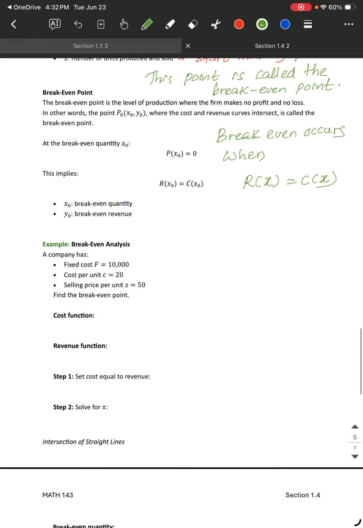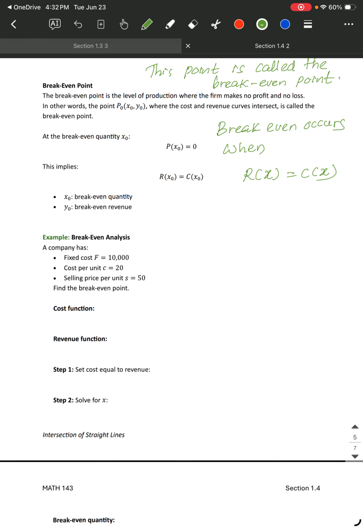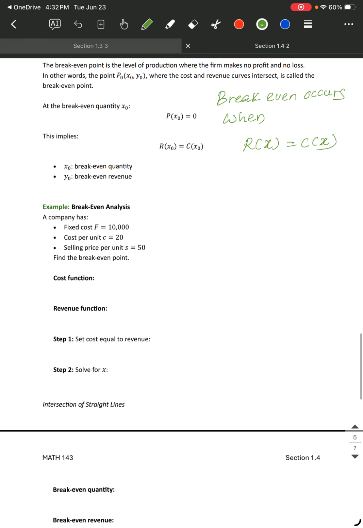Okay, then let's see the example. The given example says the fixed cost is 10,000, the cost per unit is 20, and the selling price per unit is 50. Then the cost function would be C of x equals 10,000 plus 20 times x. The revenue function R of x equals 50x.